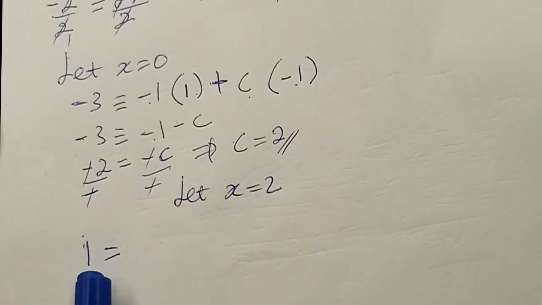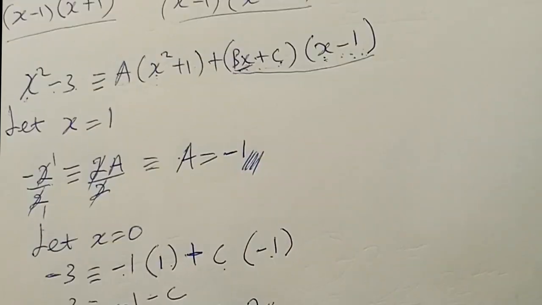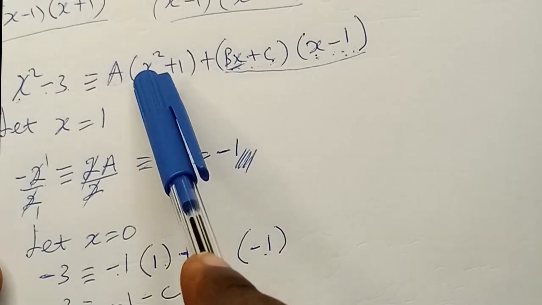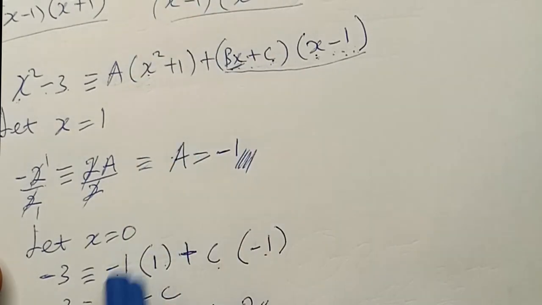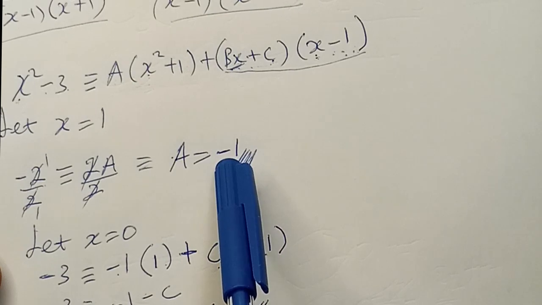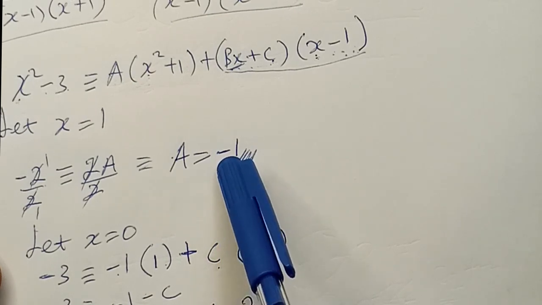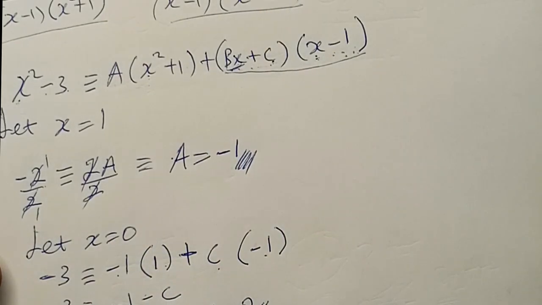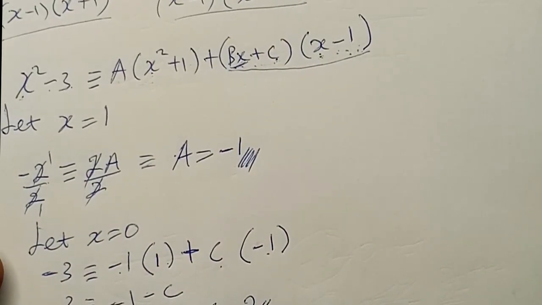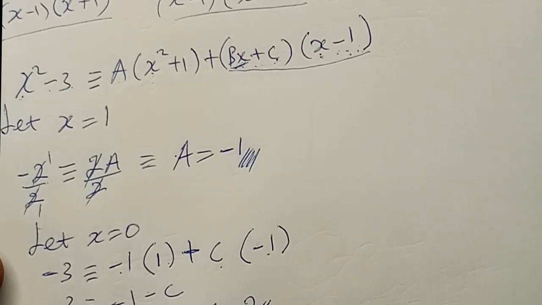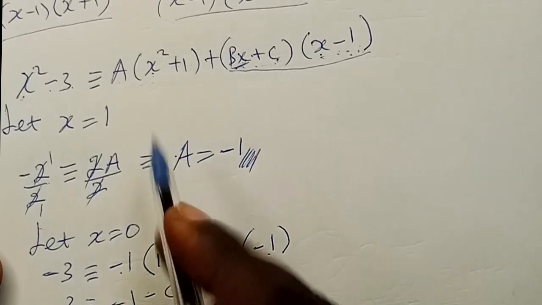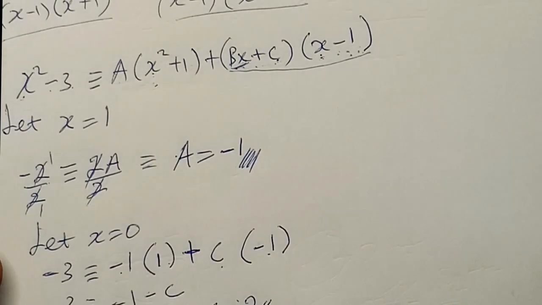So we have 1 here equal to, and here we already know the value of a, which we have looked for, is minus 1, as you can see here. And we also know the value of c here as 2. So we just need to feed in all the various values. So a, which is minus 1, into 2 squared, which is 4. 4 plus 1 is going to be 5.